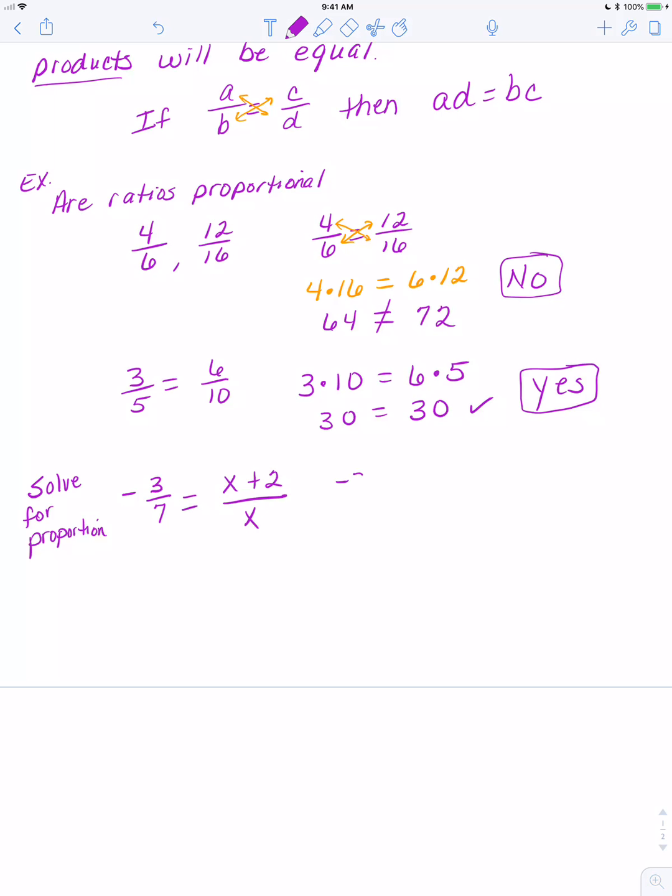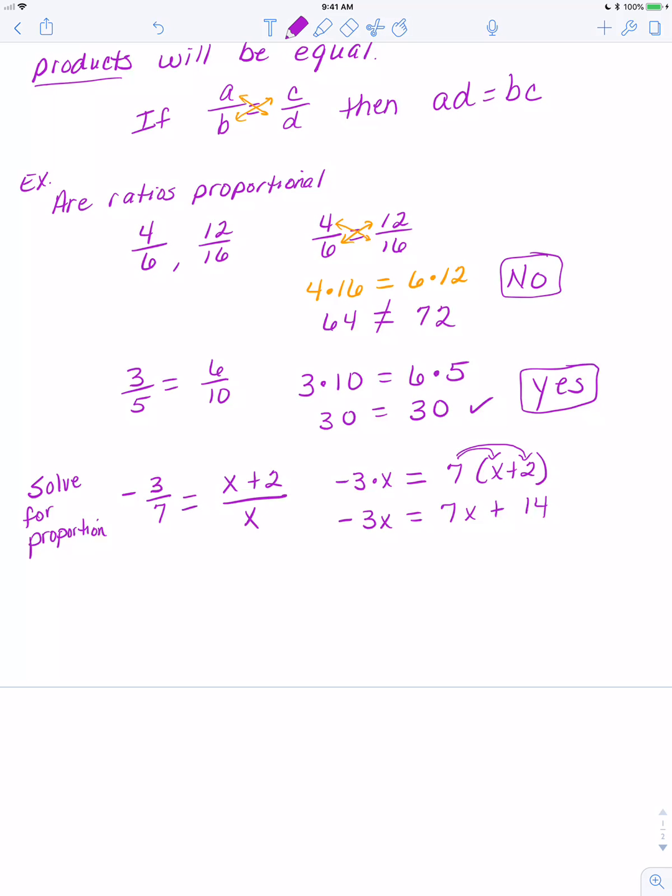So we're going to say -3 times 7 equals 7 times the x plus 2. And remember, you've got to multiply the whole thing, so we're going to have to use that distributive property. So -3 times x leaves us with -3x. And remember, if I have 7 times x plus 2, that means that 7 has to be distributed to everything inside those parentheses. So that makes 7x plus 14.